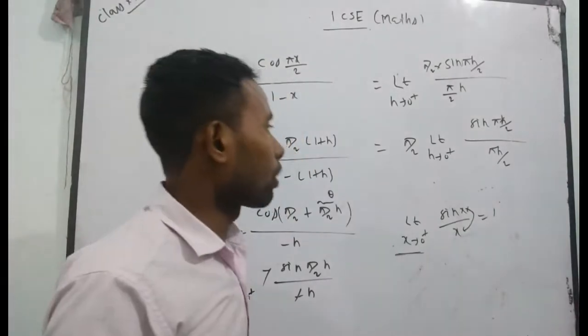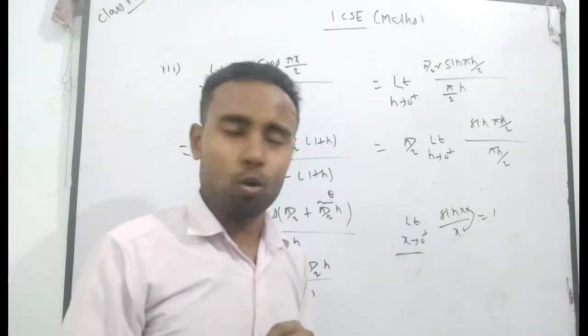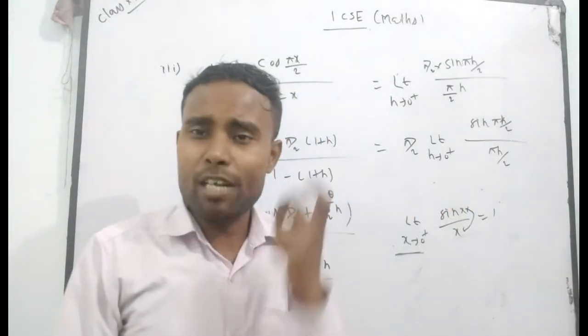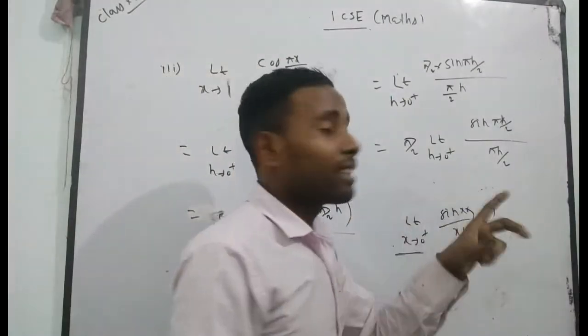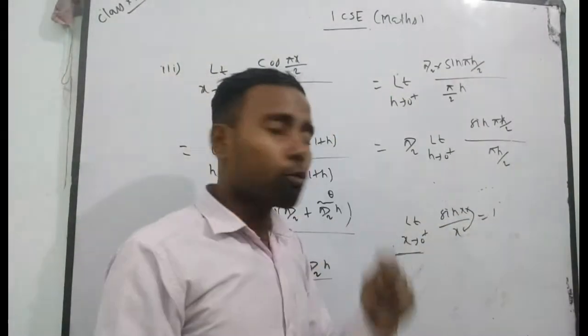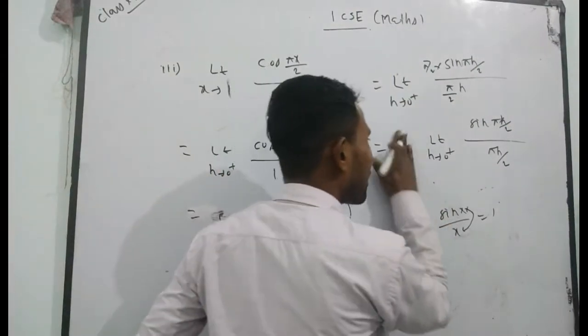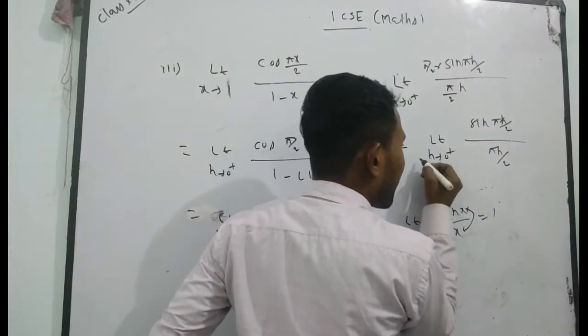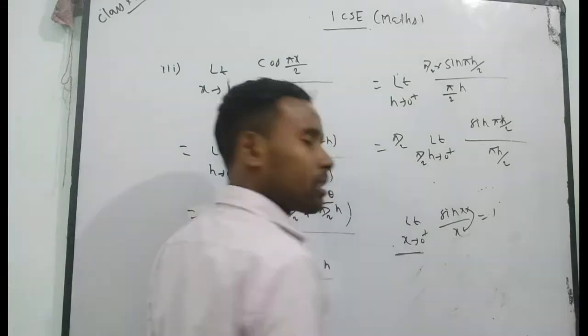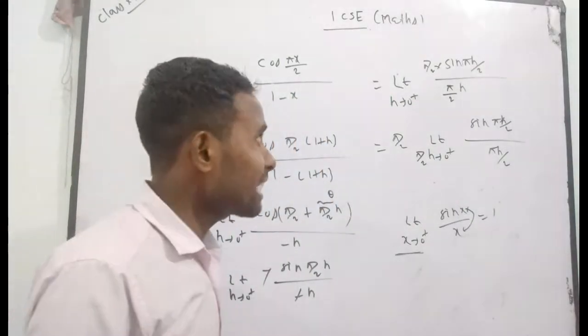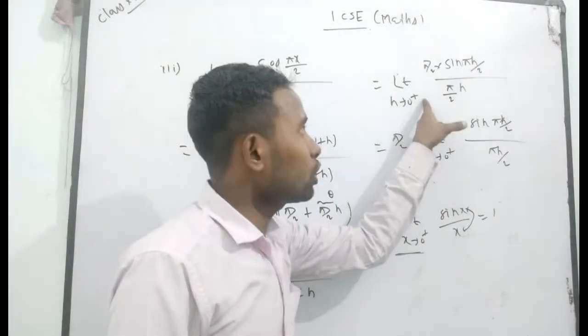I have already told you, if h approaches 0 and you multiply h by any constant real number, then that final value also approaches 0. So you can write here also that pi by 2 h approaches 0, because h approaches 0.